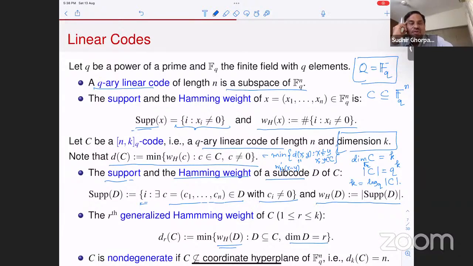If that does not happen, the code is said to be non-degenerate. And if you think about it for a minute, you will see that this is the same thing as saying, where typically r goes from 1 to k, that the last generalized Hamming weight is equal to n. Okay. All right.